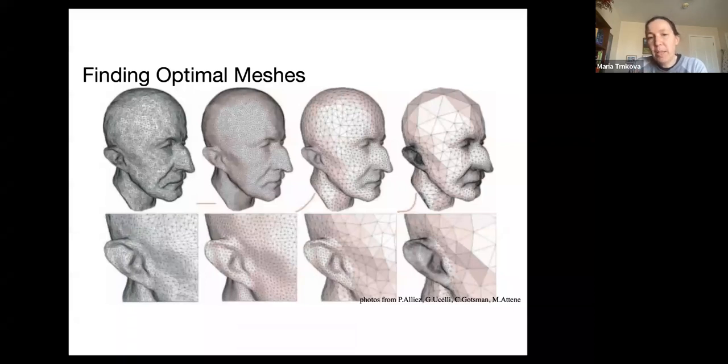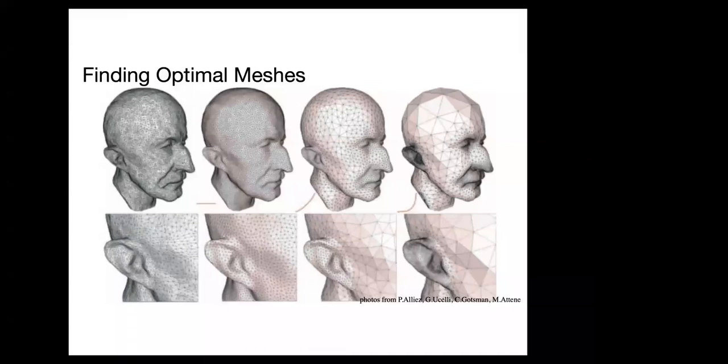The answer is, it depends what your goal is. What qualities of your mesh do you want to get? If you want to have as best approximation as possible, maybe it's this one. But if you look at the triangles here, some of them are very skinny triangles, and for computations, they may be very difficult to use.